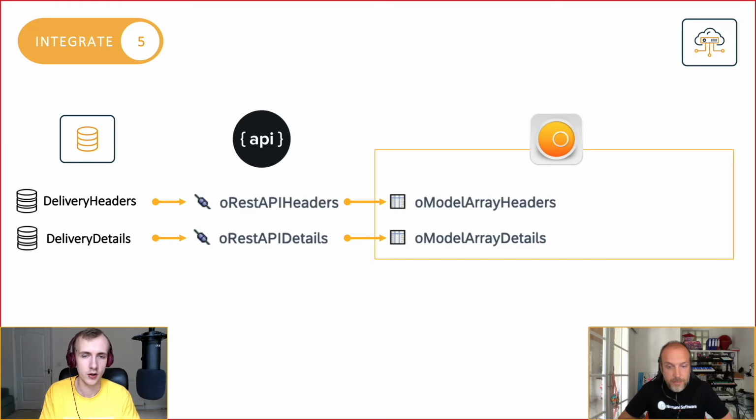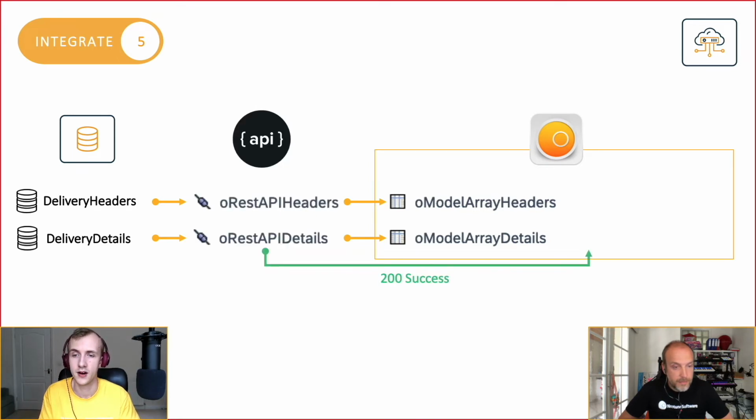And these model arrays are simply just storage containers, essentially, just a holding space for the data. And with this implemented, what we can do is utilize the 200 response, so a success response from the API, to then move the data from this internal storage within the app into some variables where then we can obviously utilize them within the actual application itself.